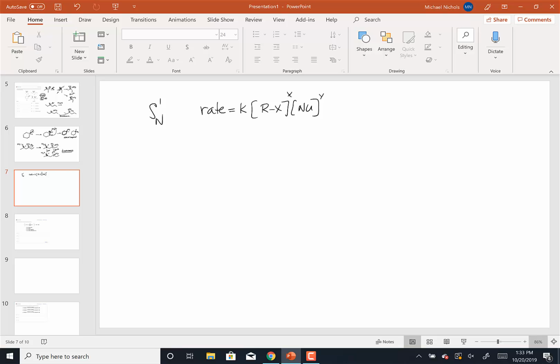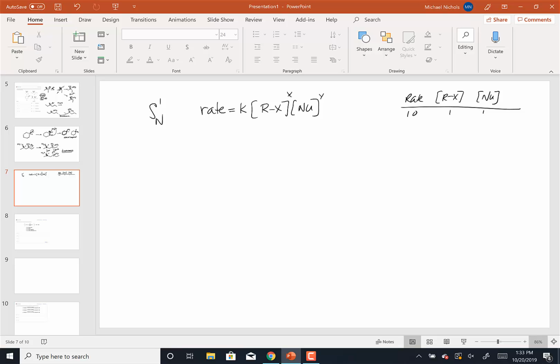And so what they did was they ran reactions with different concentrations of alkyl halide and nucleophile and then determined the rates. I'm just going to make some up, but this will illustrate how they got the overall rate equation. Let's react 1 molar and 1 molar, and they got a rate of, let's say, 10.